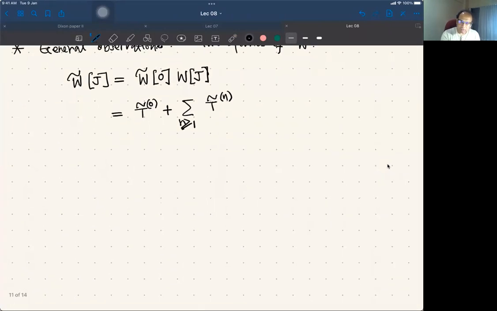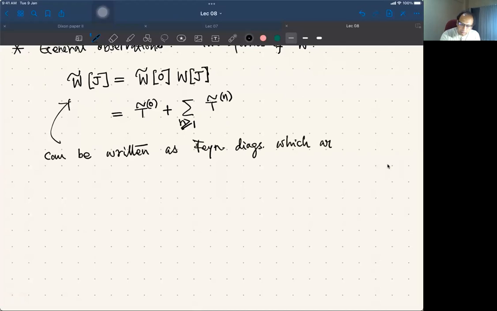So the generating functional can be written as Feynman diagrams which are drawn with lines or propagators, dots which are the sources, and vertices.